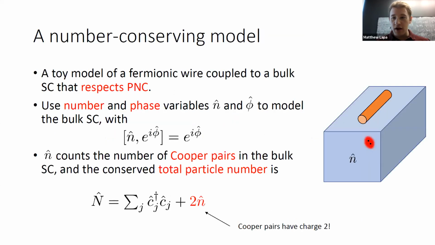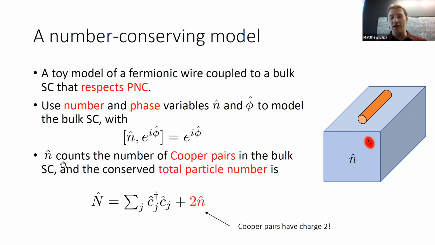So let me explain our model now. The physical picture to have in mind is a wire sitting on top of a bulk superconductor. And now what we'll do is add in degrees of freedom to represent this superconductor. So we incorporate additional degrees of freedom n and phi, which are number and phase operators with the usual commutation relations.